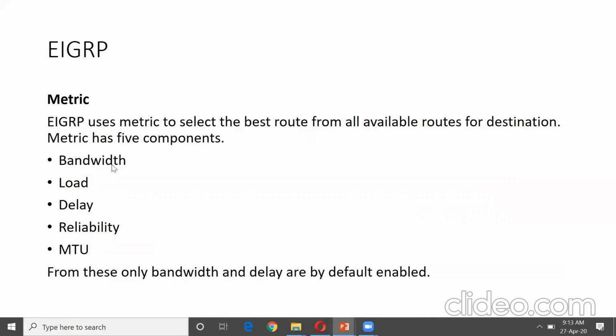So even in EIGRP, cost is a metric. The 5 components are bandwidth, load, delay, reliability, and maximum transmission unit, that is MTU. From these, only bandwidth and delay are enabled by default. The remaining components we need to enable explicitly by giving a command.